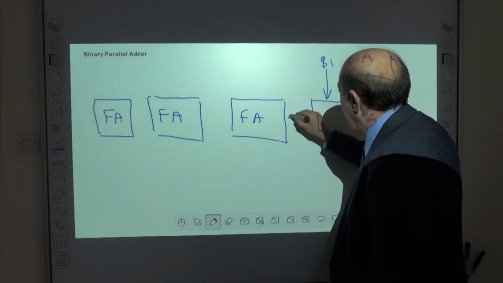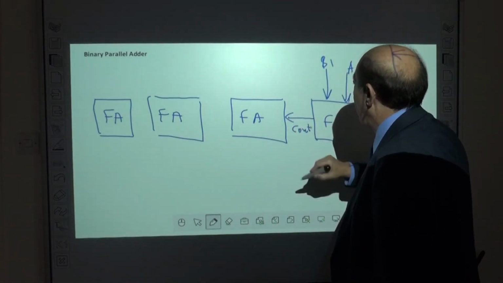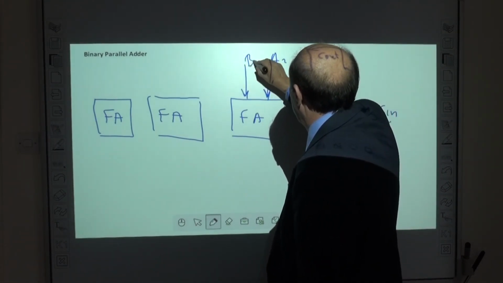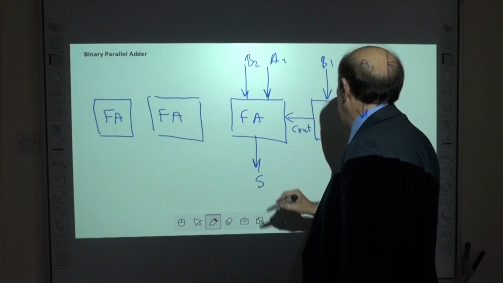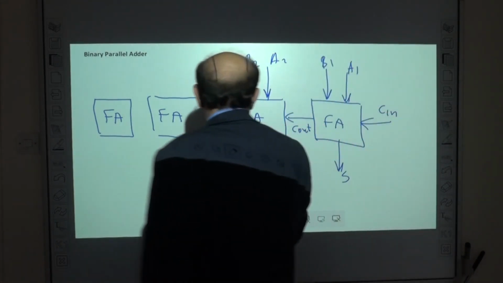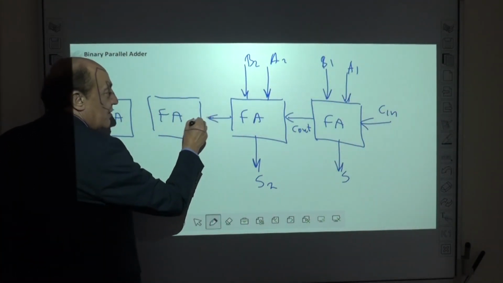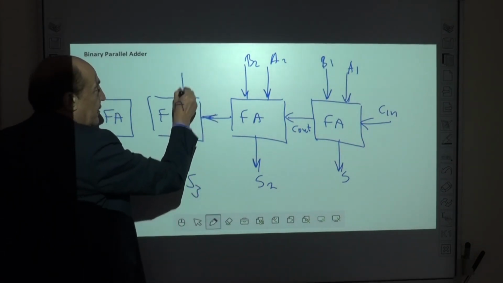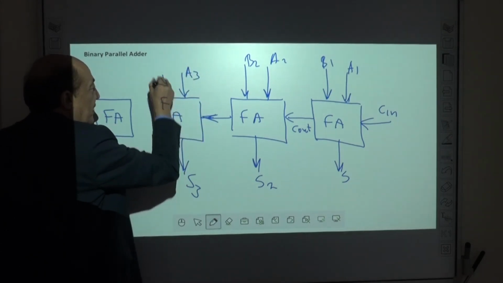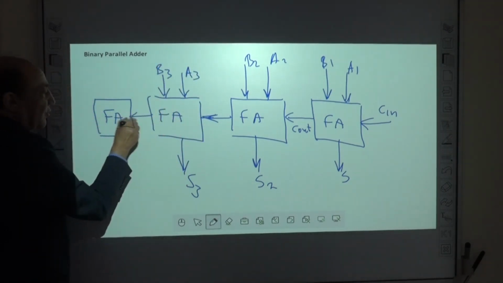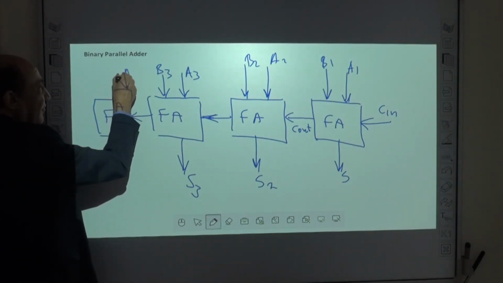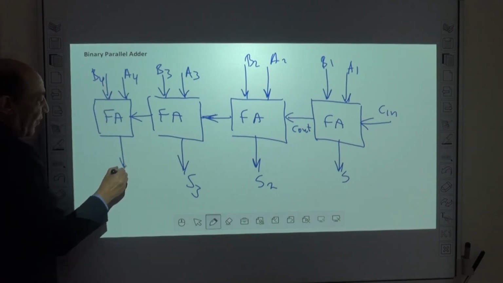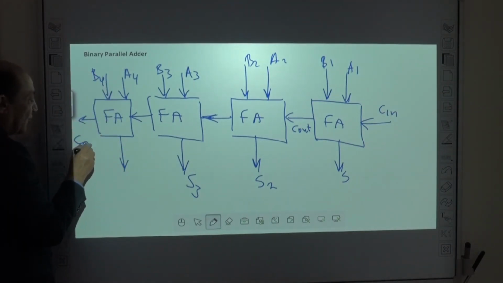We apply the carry out to the next full adder where it receives A2, B2, S2, and the carry to the next stage. Here we have sum 3, and here A3, B3, again a carry to the next stage, A4, B4, sum 4, and this is the carry out.